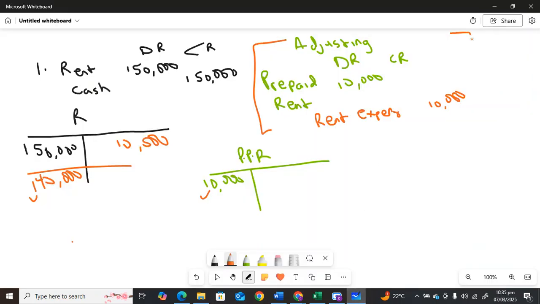Let me repeat myself again. This adjusting entry is basically telling us how we deal with prepaid expenses. You deduct the prepaid expense from the expense, which is represented by this credit entry here, and you include that prepaid expense as a current asset, which is represented by the debit entry here.